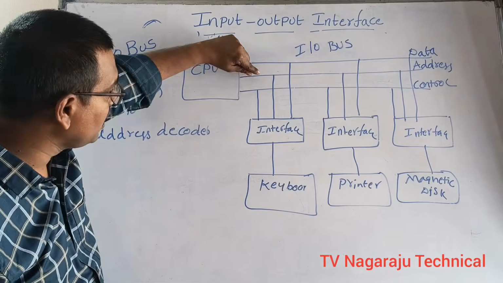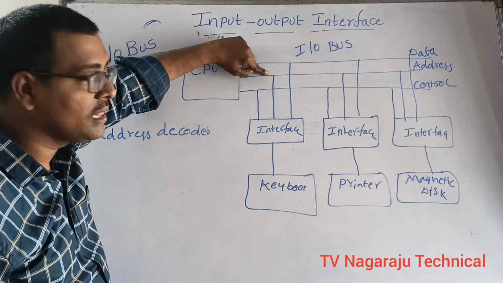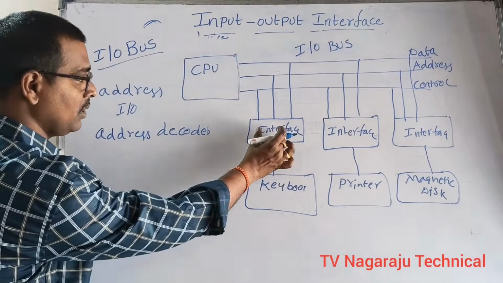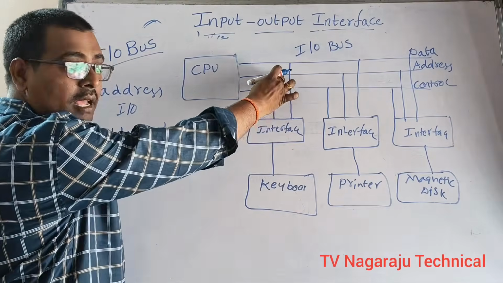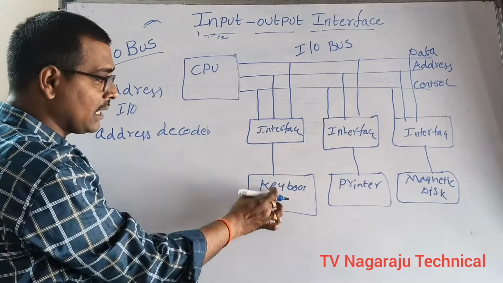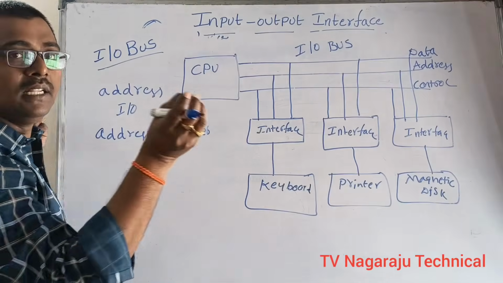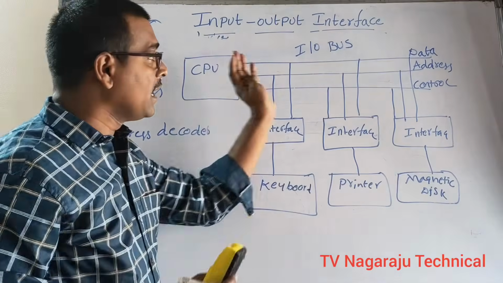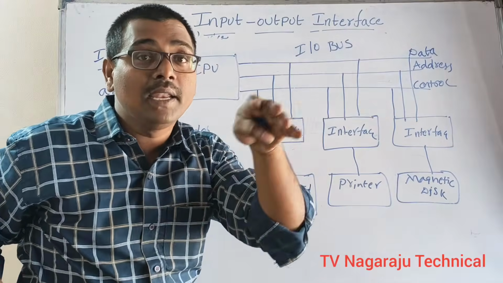The address decoder continuously checks the address that is placed on the address line. For example, this interface checks the address. If the address placed by the CPU is the address of the keyboard, then this interface is activated, this path is activated, and the remaining devices' paths are deactivated.